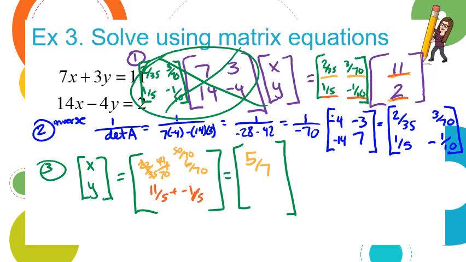All right, then I have 11/5 minus 1/5. Hey, we already have a common denominator. It gets me to 10/5, which is 2. So my final solution is 5/7 and 2. Okay, I can always still check my work by plugging it into my original functions and making sure they are true.